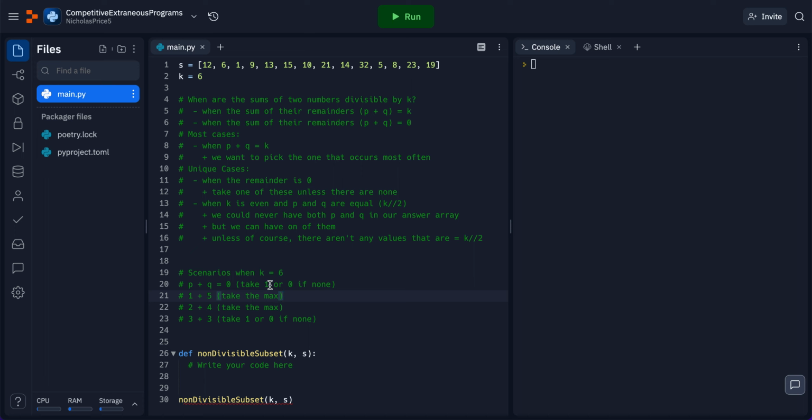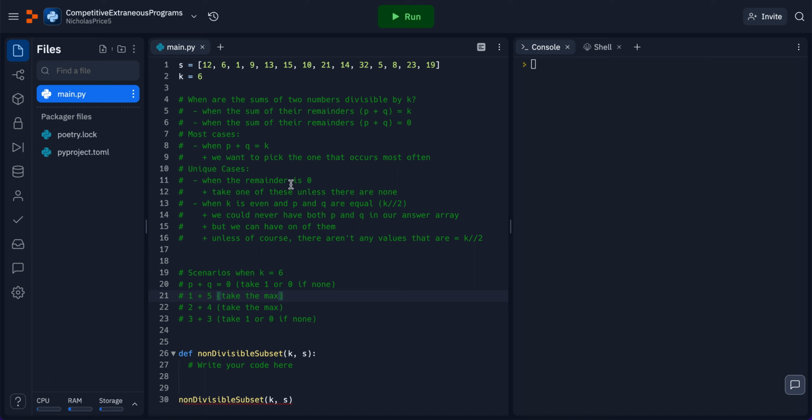But you can take one, because if you take one of those and you add any other number in the subset array, you're not going to get a number that is divisible by 6.